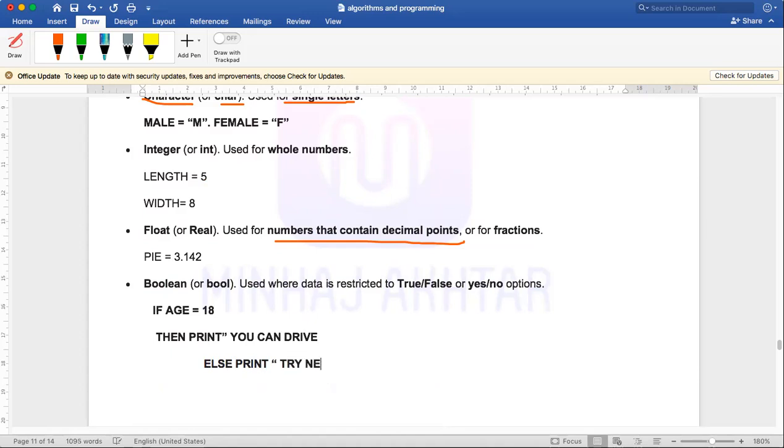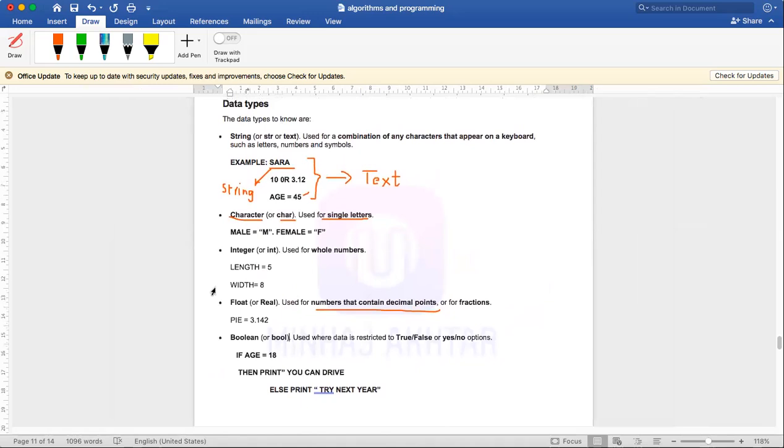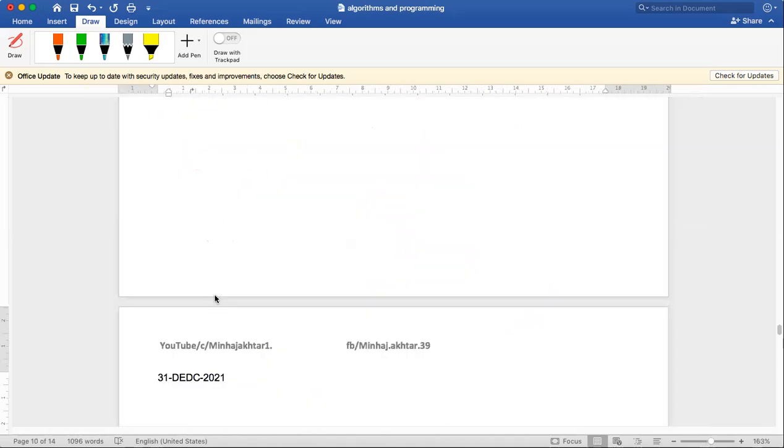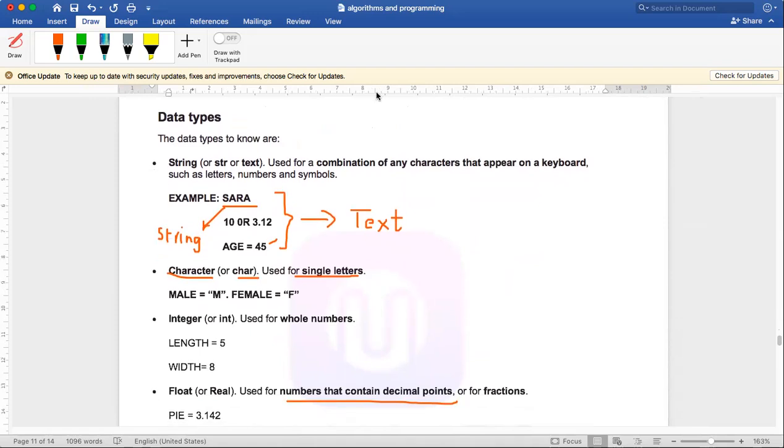So you can see in this pseudocode or in this algorithm, you have a condition like if. So once you see if somewhere, you just come to know that this is Boolean. Is that clear or not clear? Okay, now.